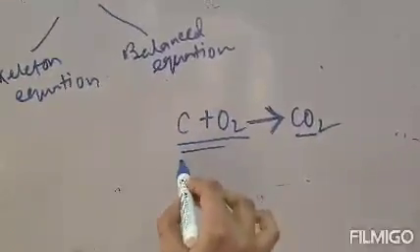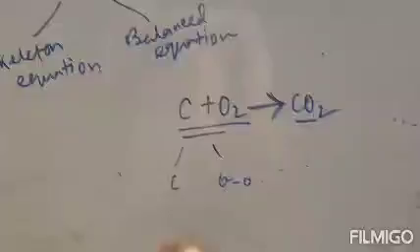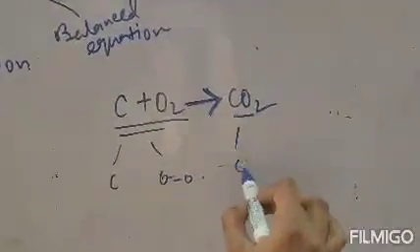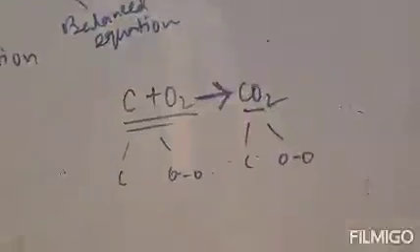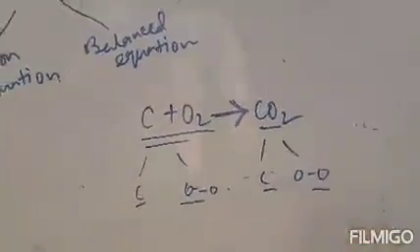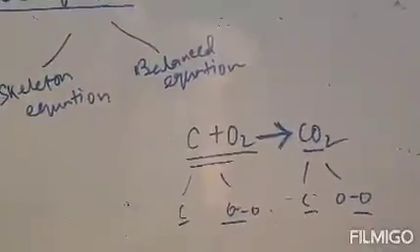The atoms of the reactants are one carbon and two oxygen. And the products side has one carbon and also two oxygen. That means the atoms of the reactant side and the product side are the same. Therefore this equation should not be termed a skeleton equation.